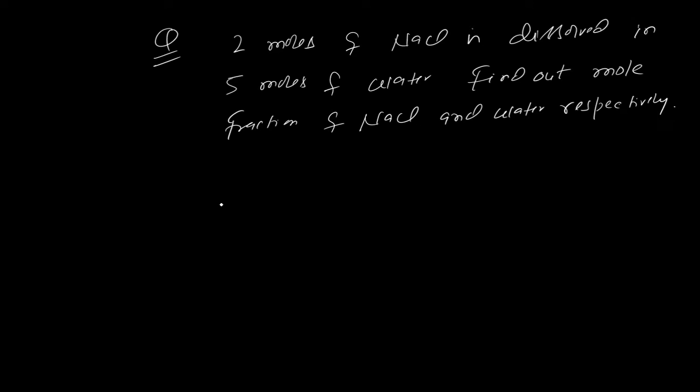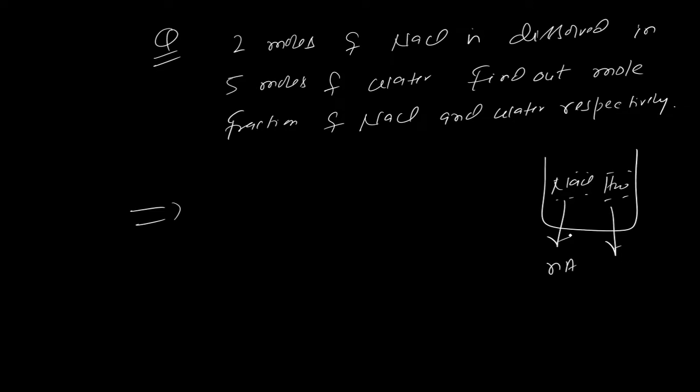So how do you solve it? You can solve it directly. Suppose we have a solution: NaCl is the solute and water is the solvent. Suppose the number of moles of NaCl is Na and the number of moles of water is Nb. We have to find out the mole fraction of NaCl first.